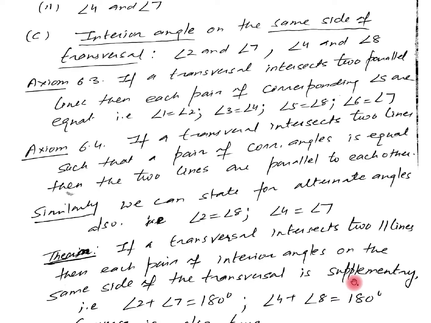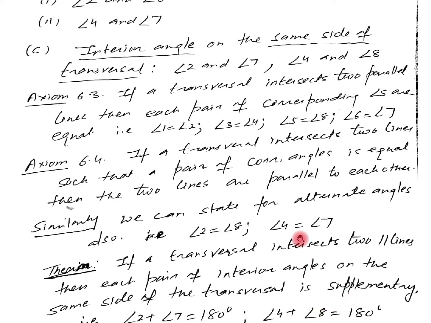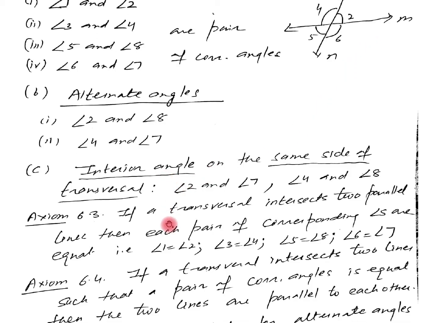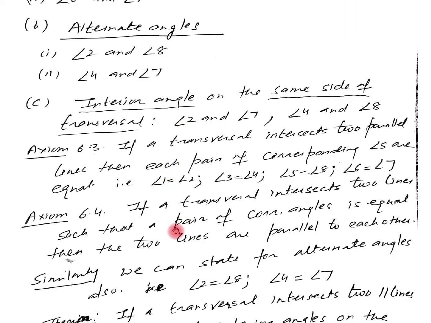Supplementary means their sum is 180 degrees. It means we can easily say angle 2 plus angle 7 equals 180 degrees. Similarly, angle 4 plus angle 8 equals 180 degrees if the lines are parallel. Now we have to use all these concepts in our questions.